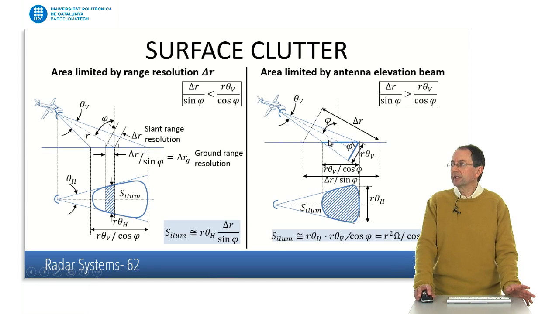When the beam of the antenna is projected obliquely with respect to the ground, we obtain an extension which is modeled by this expression here, and then that's the resulting approximation of the illumination area, assuming this is approximately a square area. So surface clutter also depends on the model we have to use, the range resolution of the radar, the incidence angle, and the beam characteristics.